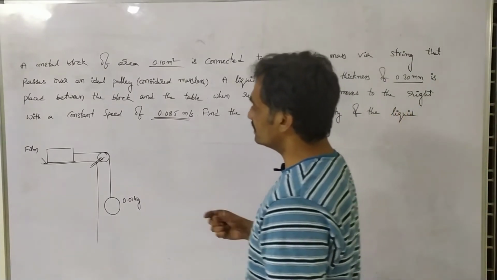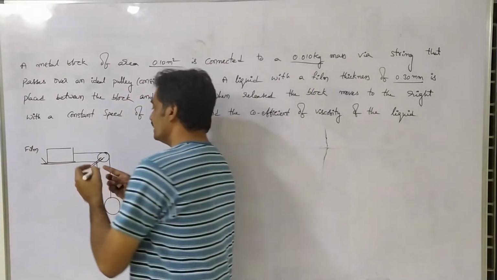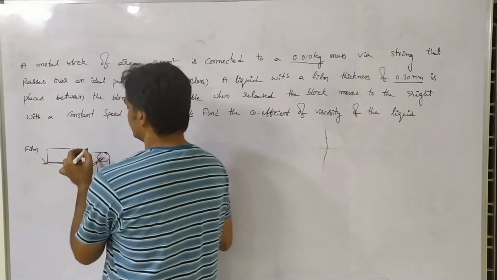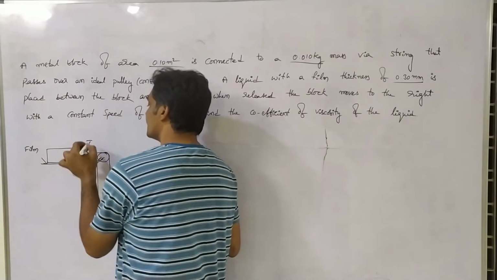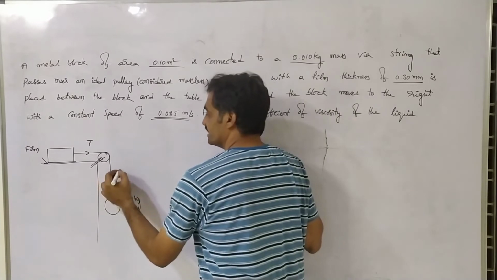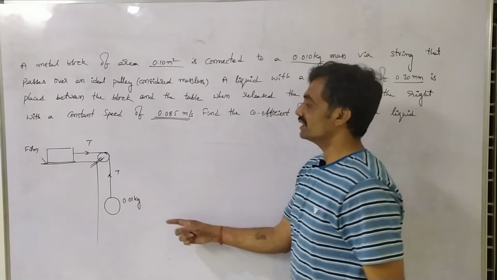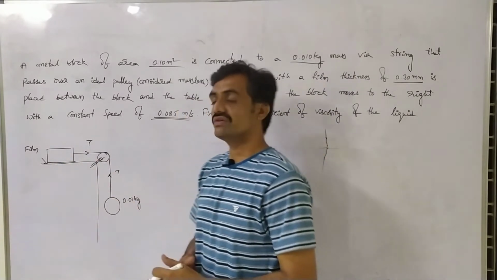So here, as you observe, since the film is placed between the block and the table, the block moves towards the right since tension acts on the block. As the tension is acting, the mass moves in the downward direction, whereby this block also moves in the forward direction.